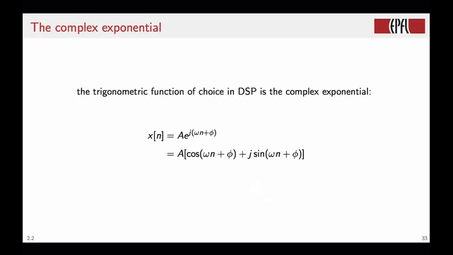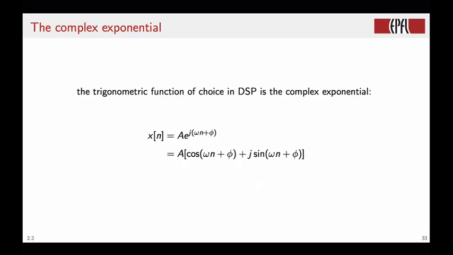Now, we always use complex exponentials. Now, some of you might not like complex numbers, but complex numbers are our friends here because they make trigonometry much simpler. So, a trigonometric function that is expressed as a complex exponential, of course, can be reduced to sines and cosines using Euler's formulas.